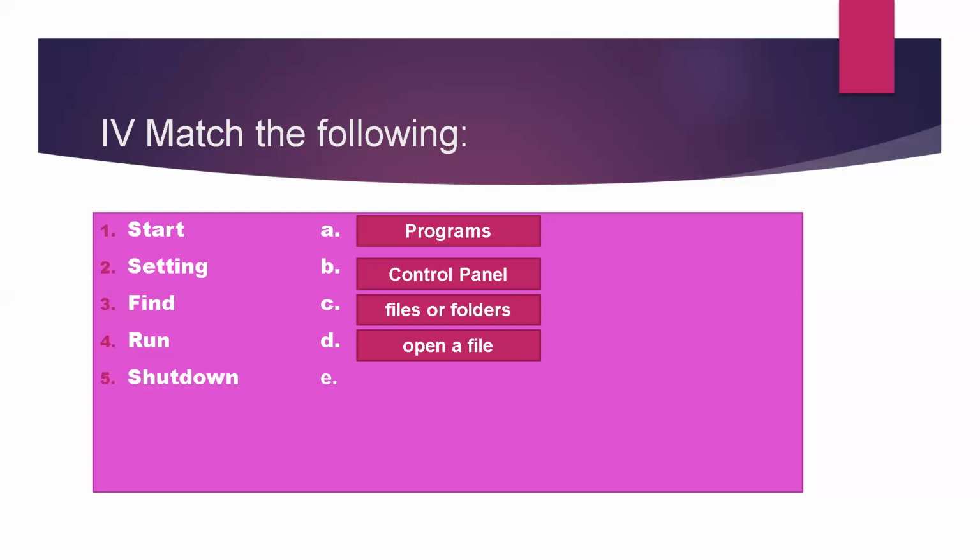Run is to open a file. So where is run? If you go to the start menu, you can see there run. Click on the run and also you write PAINT and then click OK. Paint is opened. Is it clear? Go to the start menu and if you give run, there also you can open paint. Next, shutdown. Why is shutdown used? Shutdown is used to close the computer.